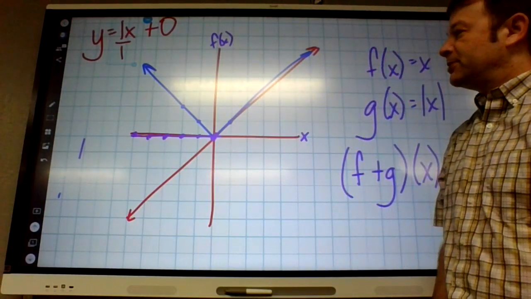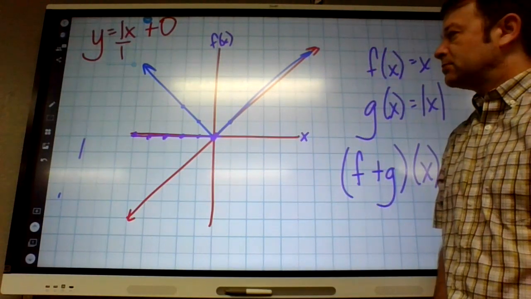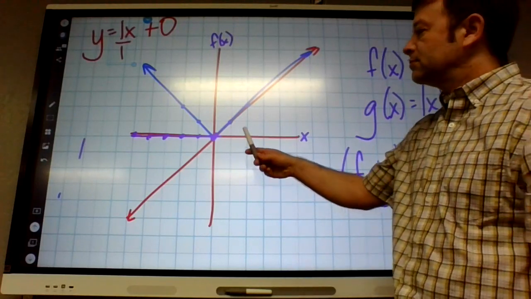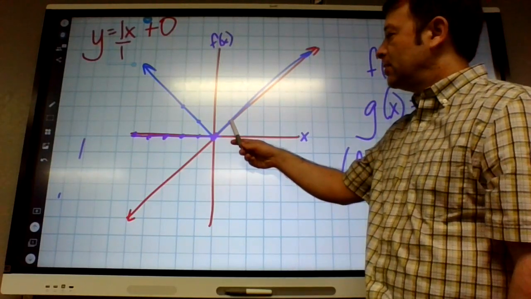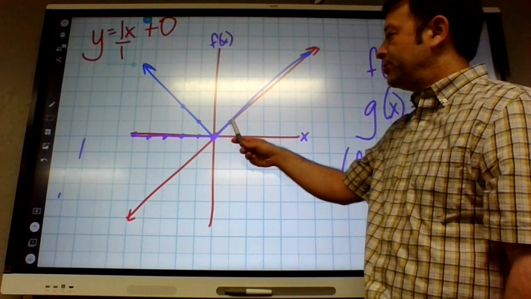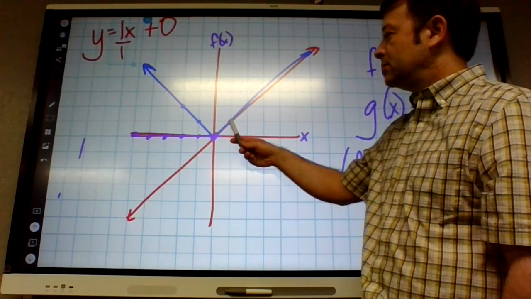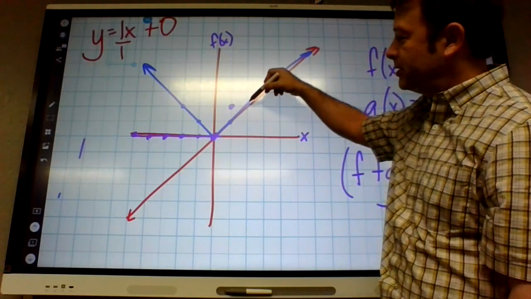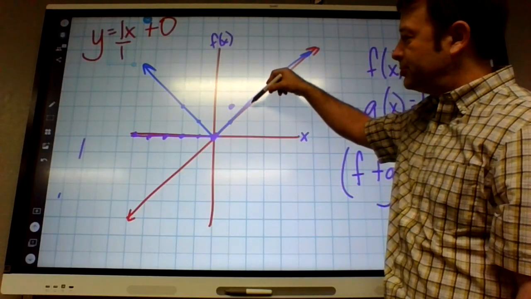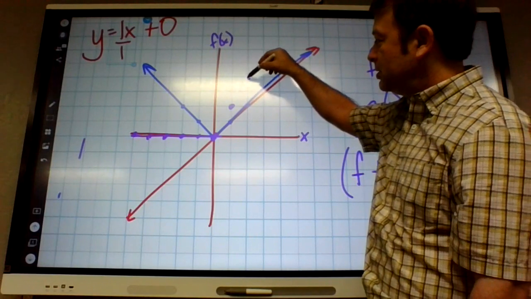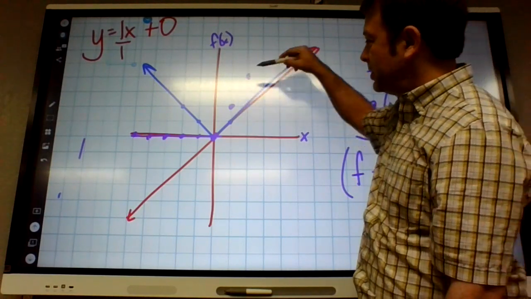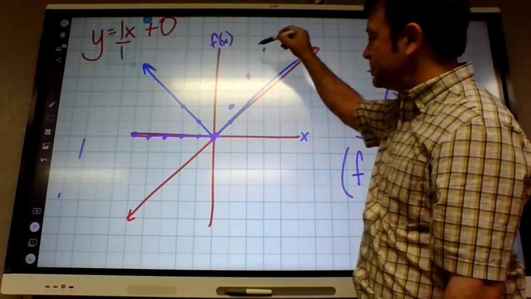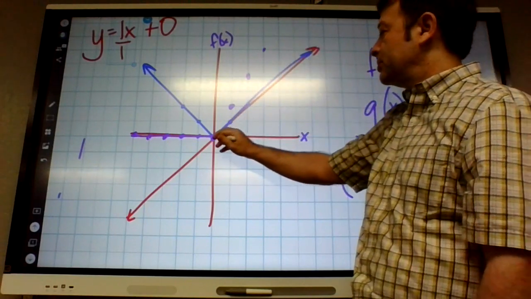Okay, but what happens on the right side of the graph? It would go up. Right, this one would be 1 plus 1, 2. The y values are 2 and 2, 2 plus 2, 4, and 3 plus 3, 6, so it's just kind of slope 2 on this side.